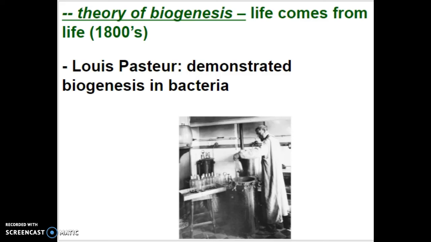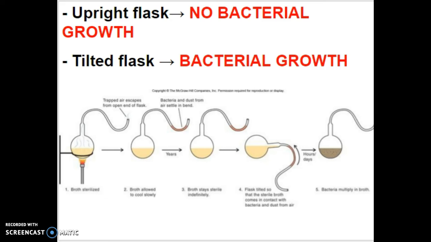The microscope, of course, helped us realize this a great deal, that there is life that's smaller than our eye can see. Louis Pasteur was a scientist who demonstrated biogenesis in bacteria. He wanted to show that there were life forms in the air that could affect beef broth.